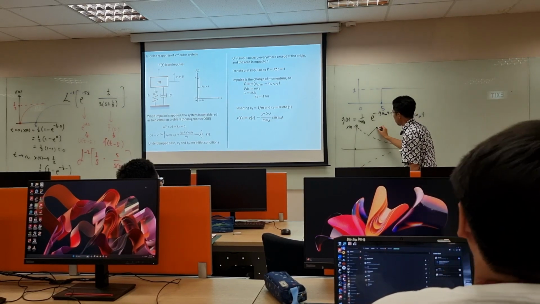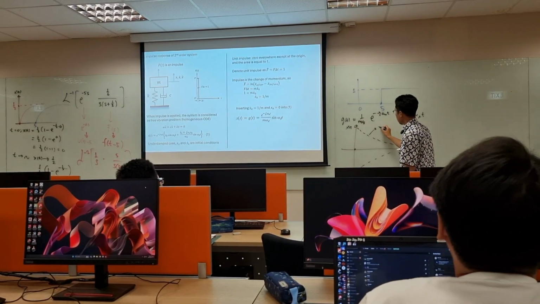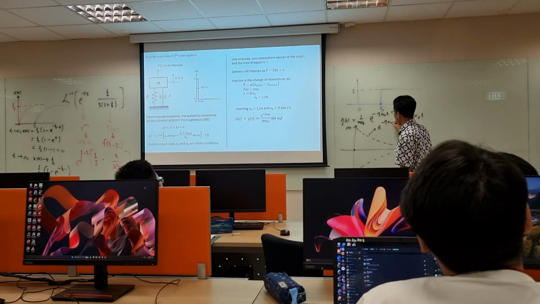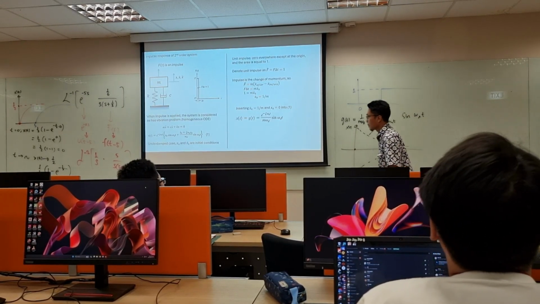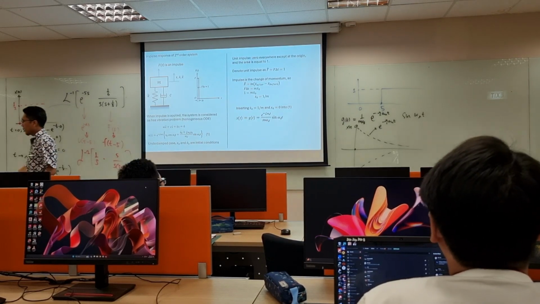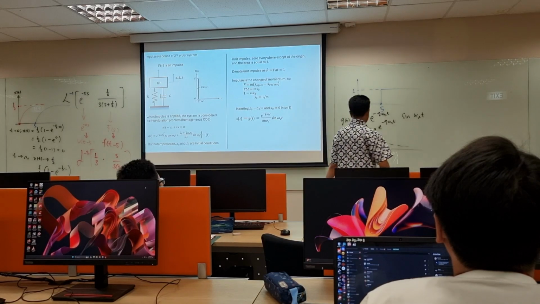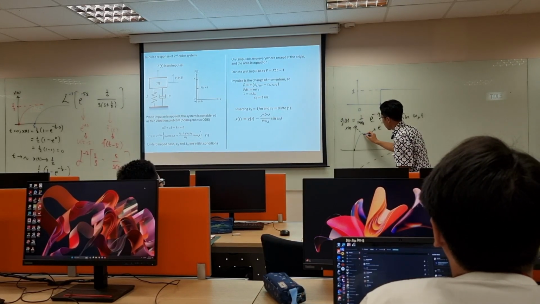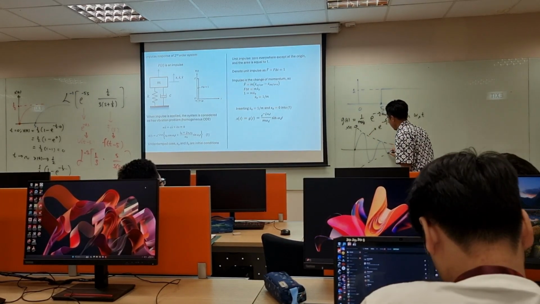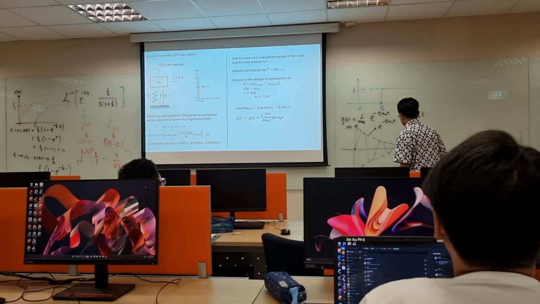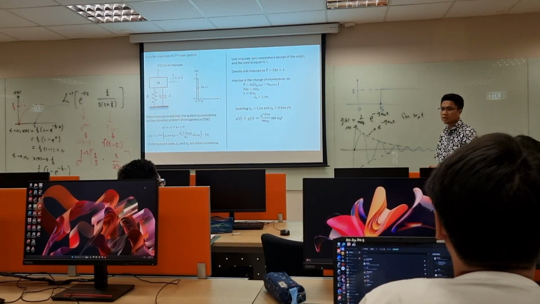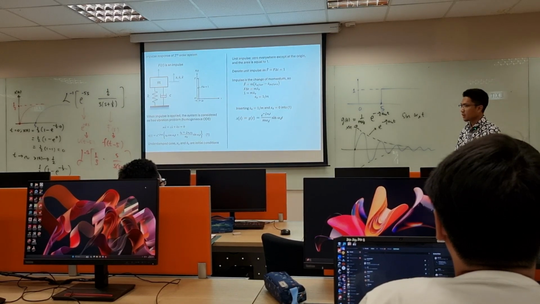This exponential term is the envelope, meanwhile we have that sinusoid. Yeah, that's how it looks like.